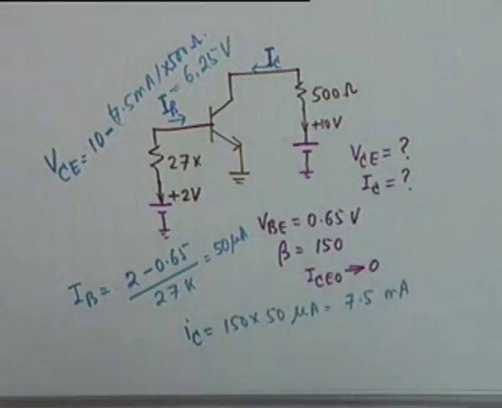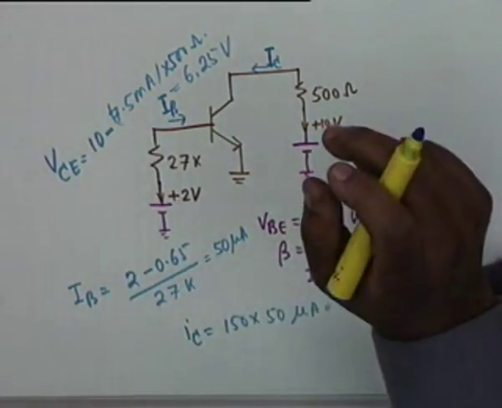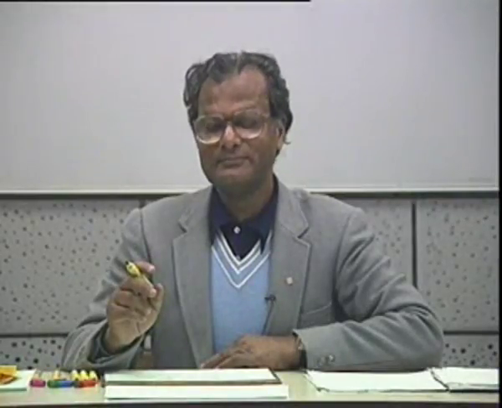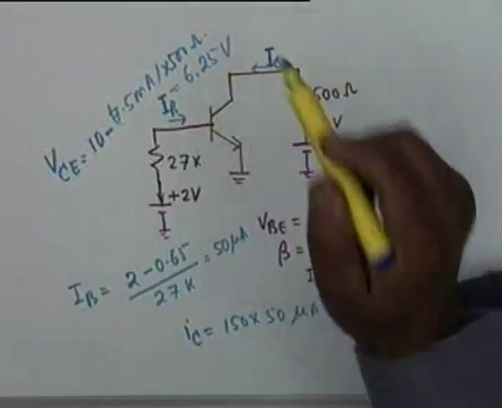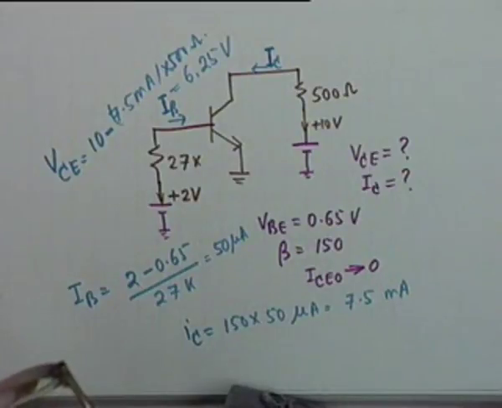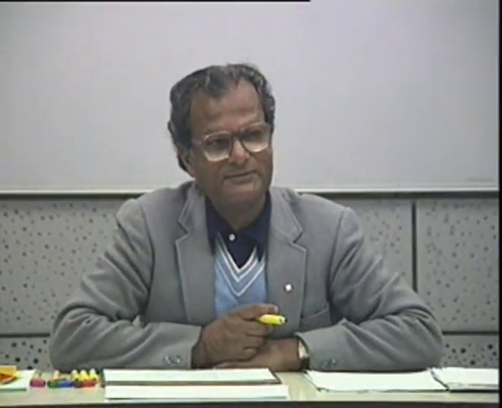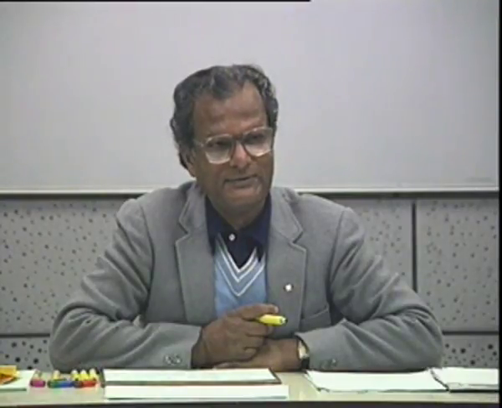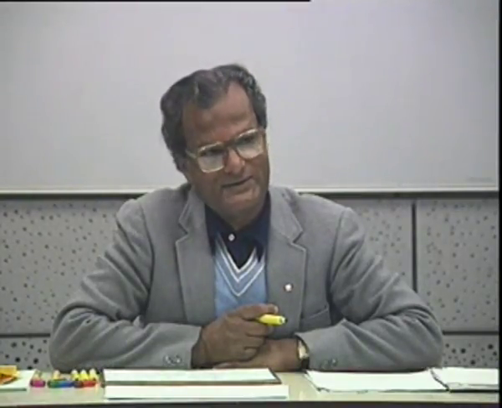Suppose a question: suppose this voltage came out as 0.2. What would have been your conclusion? Saturation. That the transistor is in saturation.